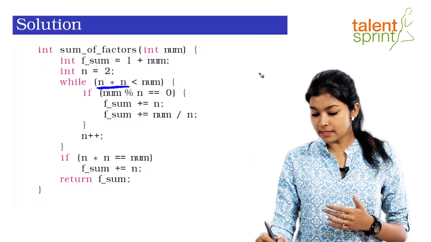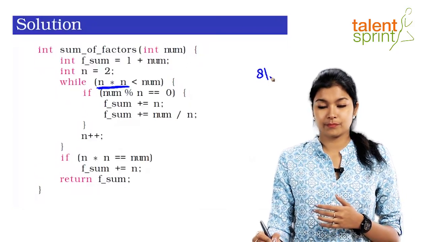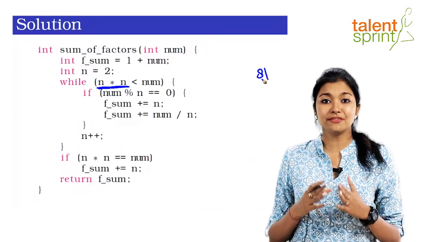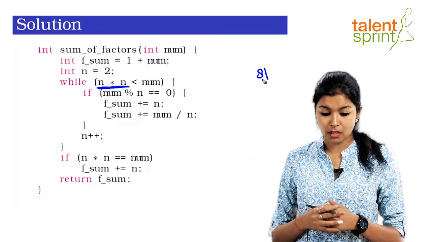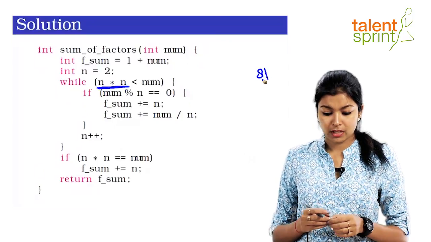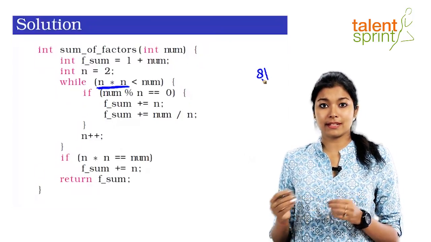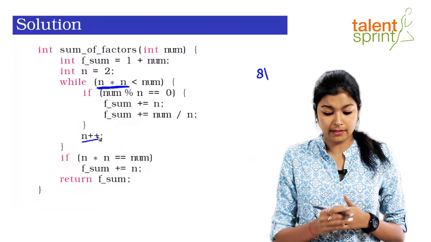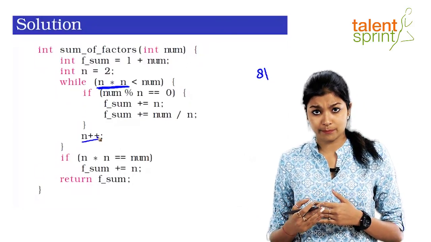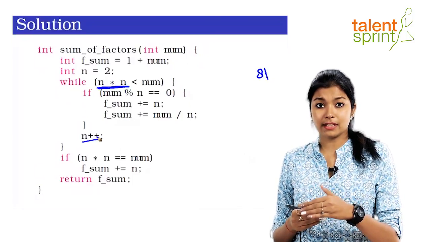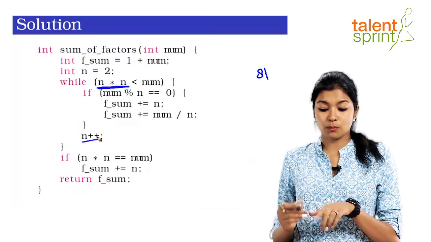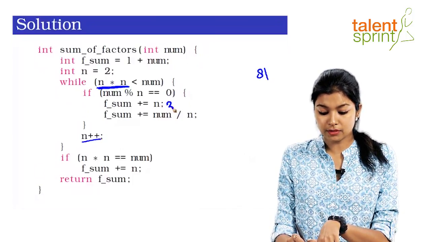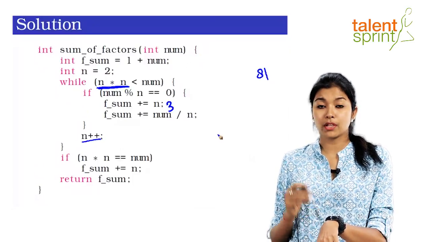So for example, let's say if we have the number 81, let's take a look at what will happen in the first iteration. So we are starting with 2. Now 2 is not dividing 81, so we move on to the next iteration by doing n plus plus here. Now we move on to 3. Now 3 can divide 81. So what we are doing is, first off we are adding 3 to our fsum.